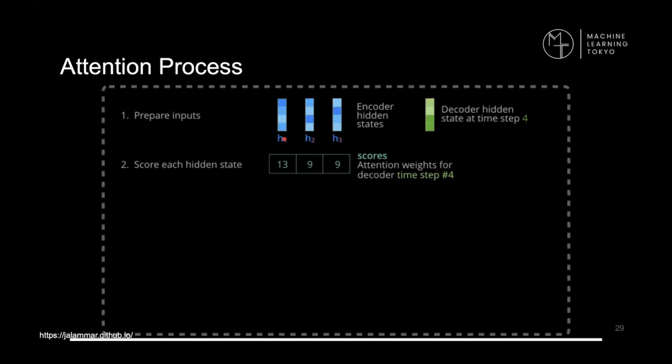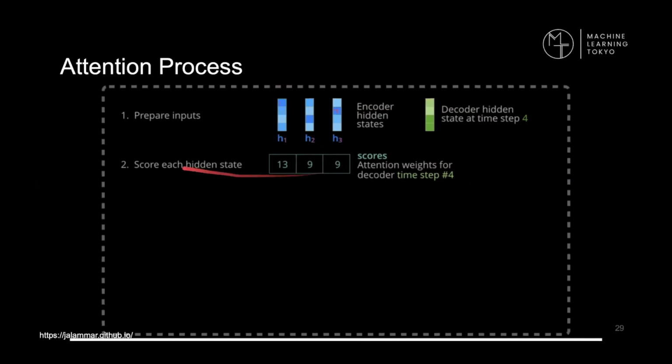So this is time step 4, which is right after passing all three French words in our encoder and getting all the three hidden states, you want to put most attention, or most weightage, on the first hidden state and not so much on the second and third hidden state.